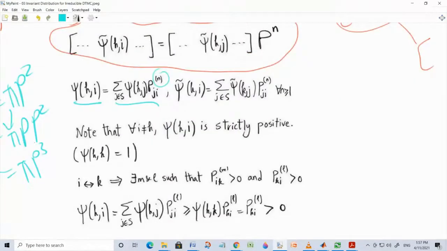Now, psi kk itself is equal to 1. The way that we defined psi guarantees that psi of k, k is equal to 1. What else?